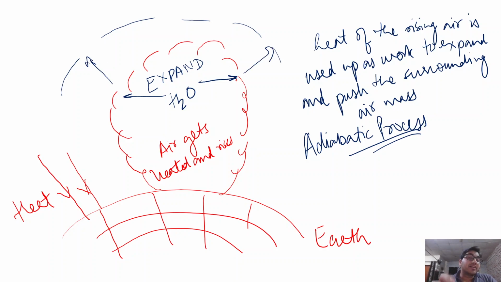As a result, during the moist or wet adiabatic lapse rate, the heat is provided to the surrounding air mass by the rising air mass. जब वो कंडेंस करेगा तो उससे जो लेटेंट हीट ऑफ कंडेंसेशन निकलेगा, वो अगल बगल के एयर मास को भी गर्म कर देगा। अब क्या हुआ कि जब वो भी गर्म हो गया तो the temperature of this rising air mass cools down slowly.